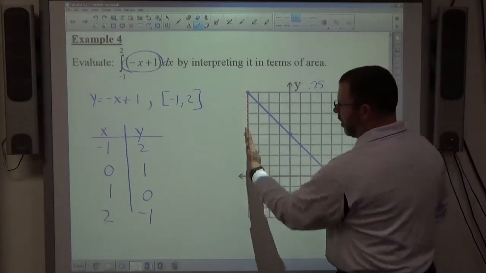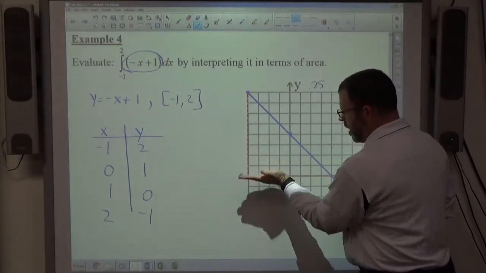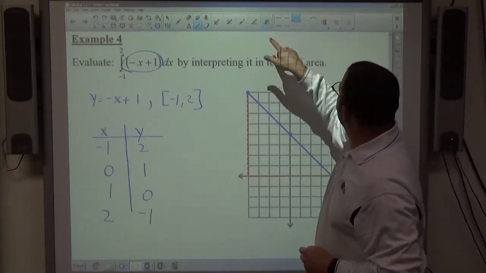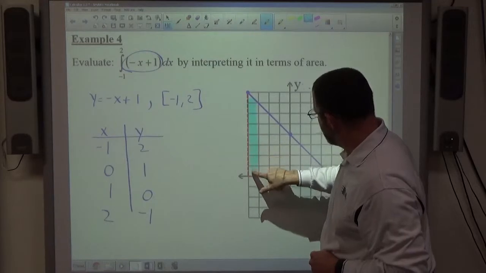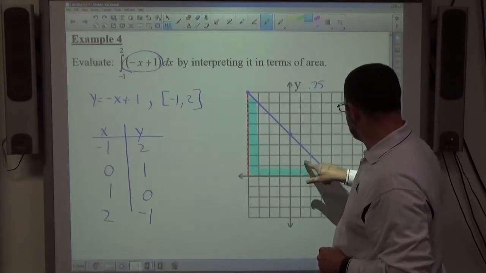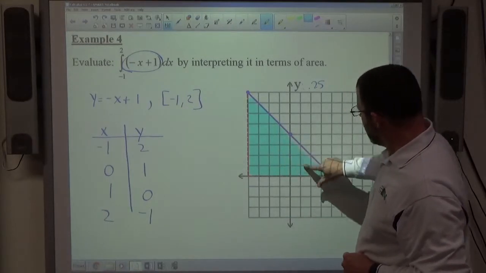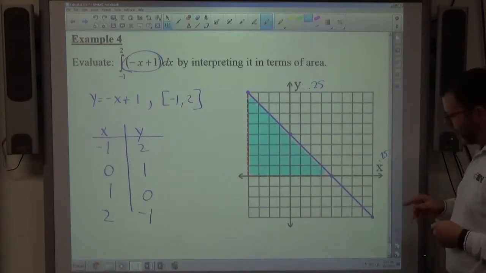So this is our leftmost boundary created by this interval, and then the x-axis is always a boundary to these. So part of this graph is going to be this triangle here. We want to find the area of that triangle. That triangle's above the x-axis, so it's going to have a positive area.